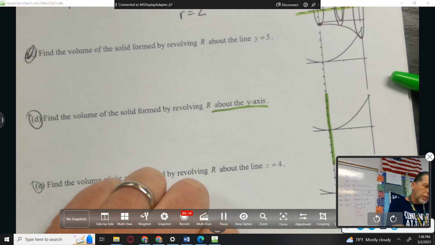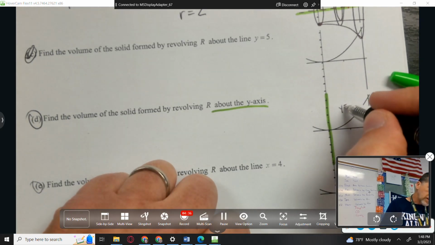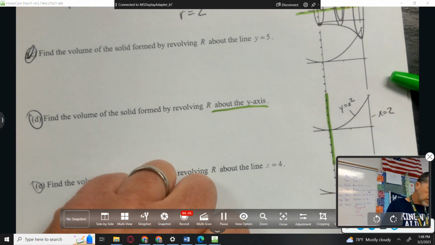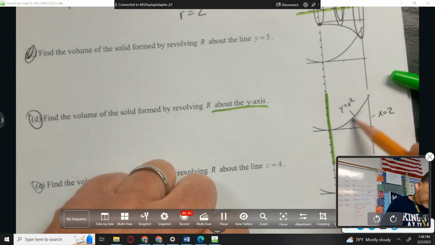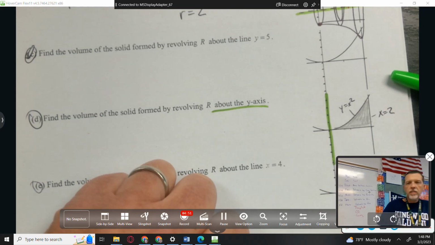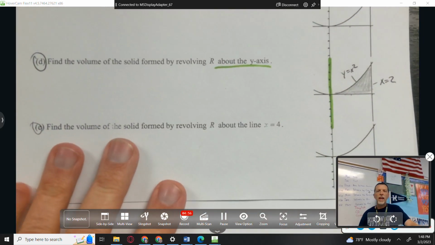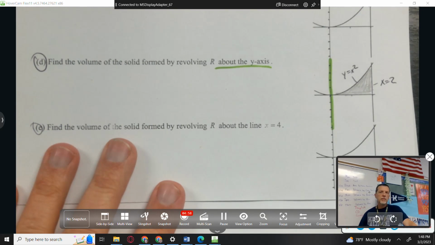Maybe we need to back up a little bit. This was y equals x squared, x equals 2, and y equals 0. So there's our R, our base R from Tuesday.